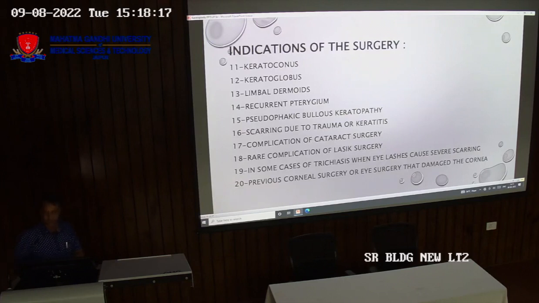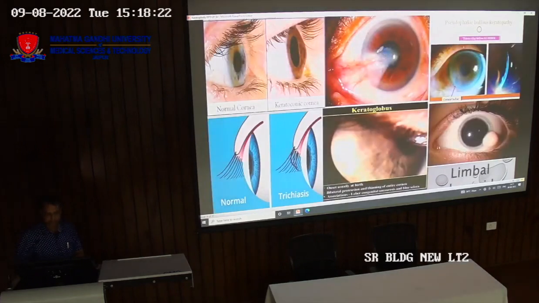These are the indications of keratoplasty. So, keratoconic cornea, keratoglobus, pseudophakic bullous keratopathy, trichiasis, limbal dermoid, these are the common ones. In these cases, we have to do the keratoplasty.